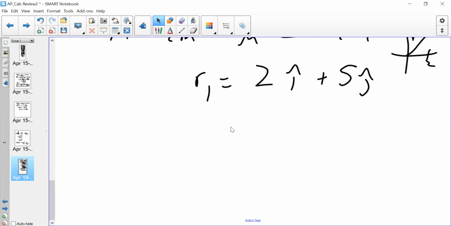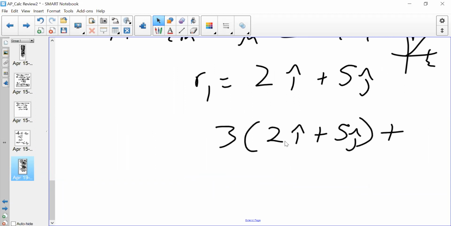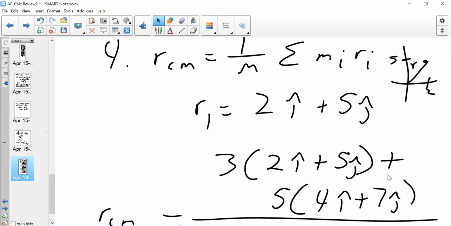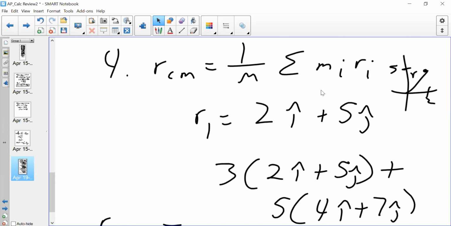So if that mass was 3 kilograms, it'd be 3 times 2 i hat plus 5 j hat, and then you had another mass with a vector like 4 i hat plus 7 j hat, and then divided by the total mass, which would be 8 kilograms. So you could find the radial position of the center of mass using that, because remember, this is r1 and this is r2, and m_i represents each mass and r_i is each radial vector, which is a sum of at least x and y, and it could be z as well.